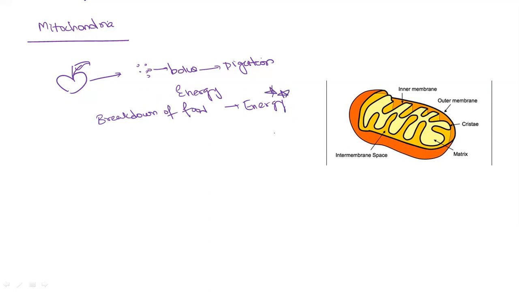And do you know who does this breakdown for energy and where it is done? It is done in the mitochondria. That's the reason why mitochondria is called the powerhouse of the cell. All right. So I hope you understood why mitochondria is called the powerhouse of the cell. Now, this mitochondria is not visible until it is stained properly. All right.